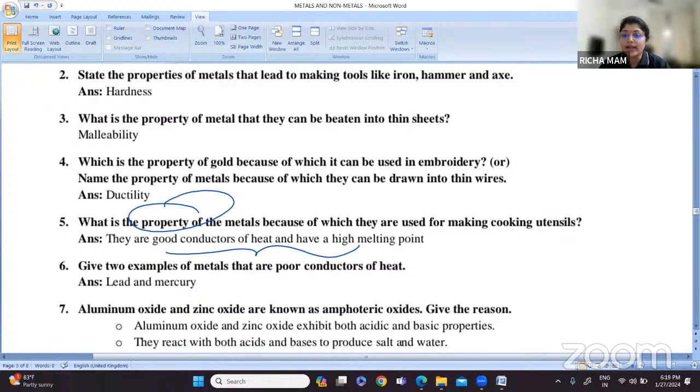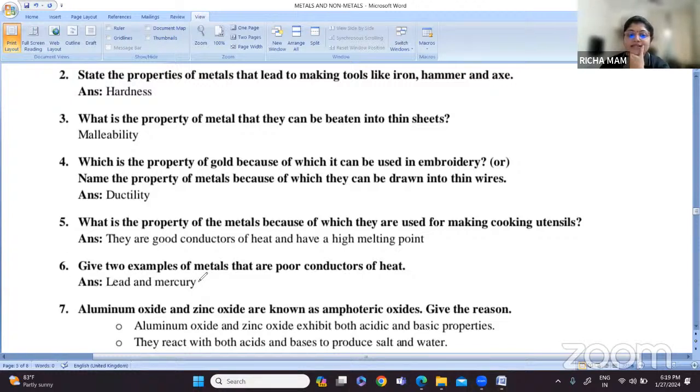So you can cook at any temperature, even a very high temperature, and the food can be cooked in utensils made of metals. Metals are useful for cooking because they are good conductors of heat and have a high melting point.